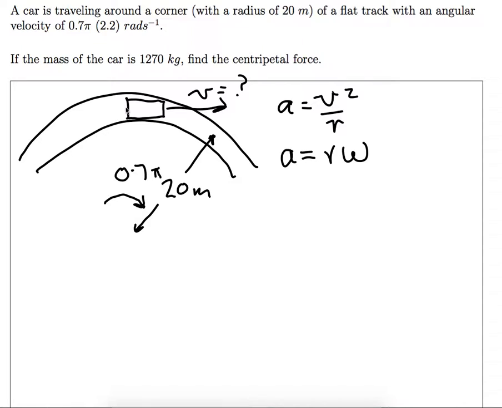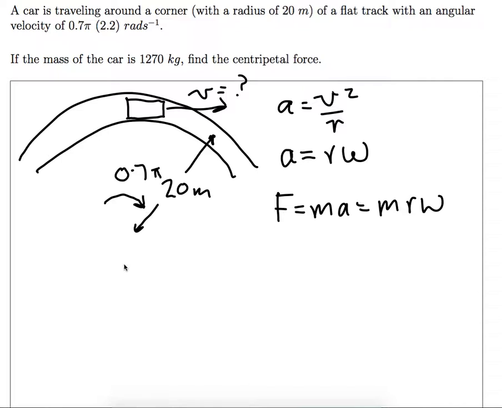So this car, because it's going in a circle, is accelerating towards the center in order to keep going in a circle at that rate. And we can just combine that one with our good old Newton's second law, F equals ma. So replacing A with r omega, F equals m r omega. So that's actually incredibly straightforward.